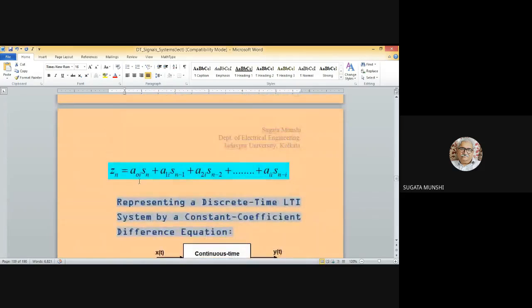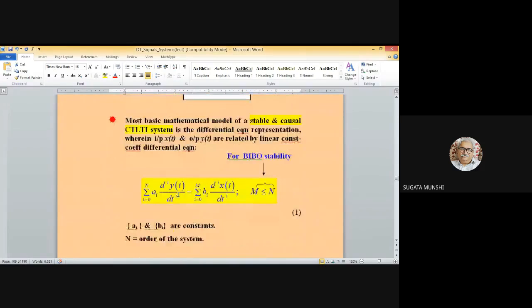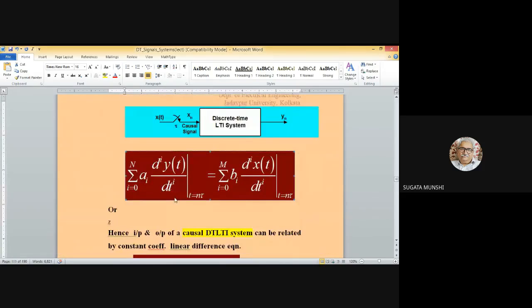Just a replica of this one. In place of this derivative evaluated at t equal to n tau, you can write A_0i y[n] plus A_1i y[n minus 1] plus A_2i y[n minus 2] in this way. All right, ith order difference equation.